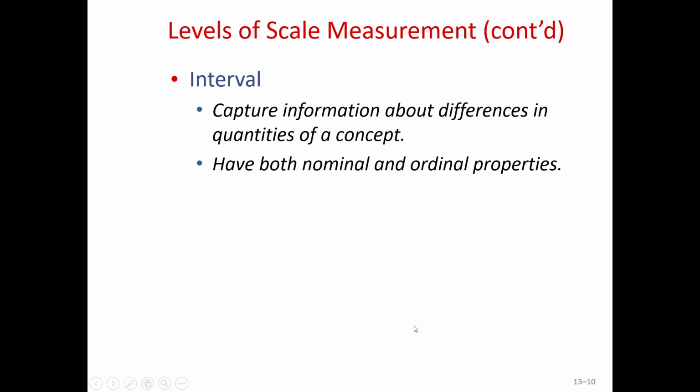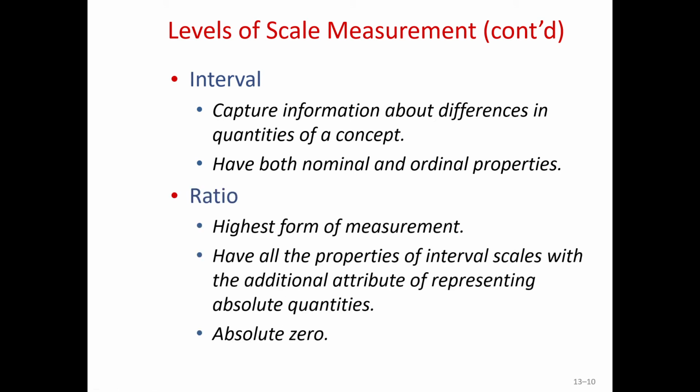So interval scales have both nominal and ordinal properties, but they also capture information about differences in quantities of a concept. The classic example is the scale of temperature. We have Celsius and Fahrenheit as well, but different scales, with different meanings.